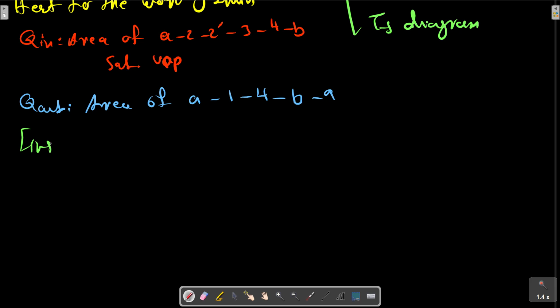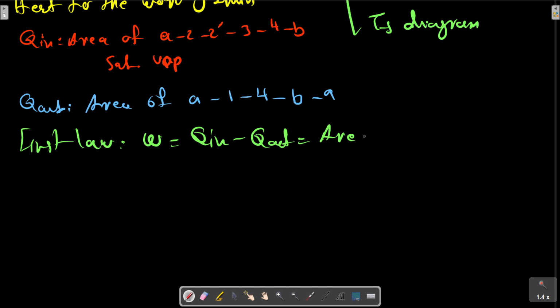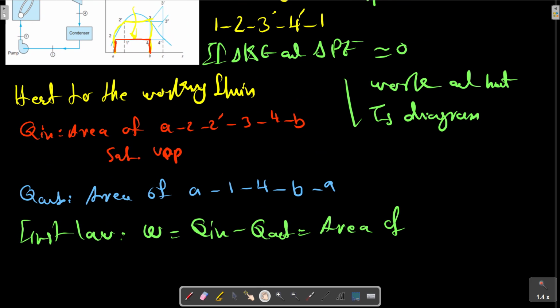W is Q in minus Q out, the area shaded green, 1 2 2 prime 3 prime 4 1.